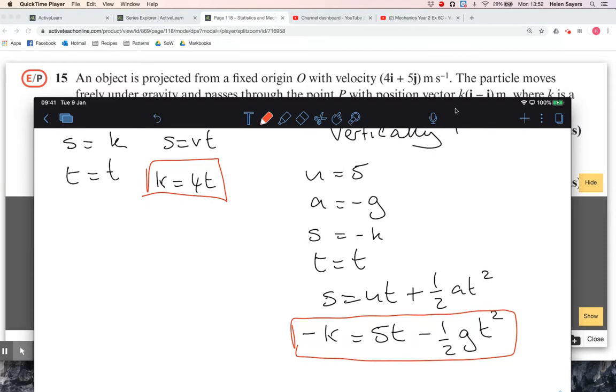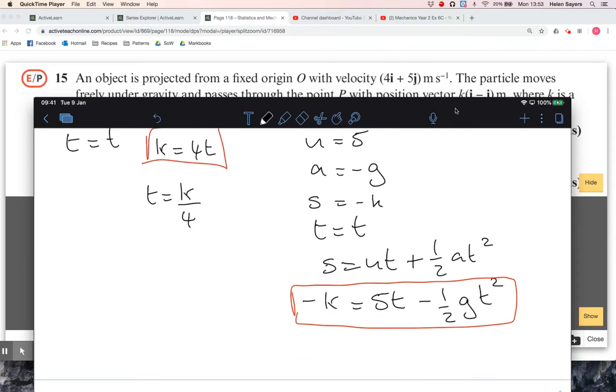This time, normally I want t, but this time I want k, so I am going to eliminate t. So I'm going to rearrange this to say that t is k over 4, which I haven't done anything daft there, now I'm fine.